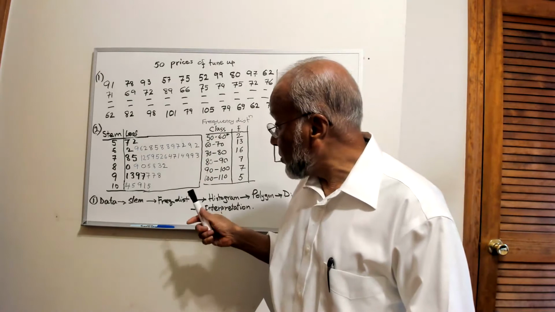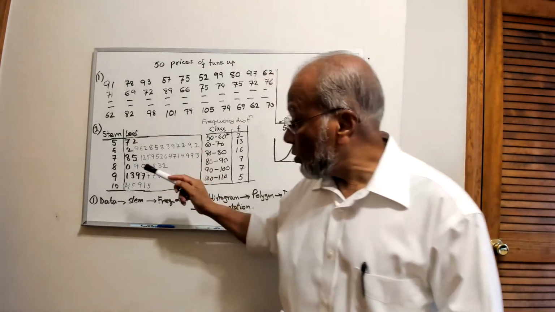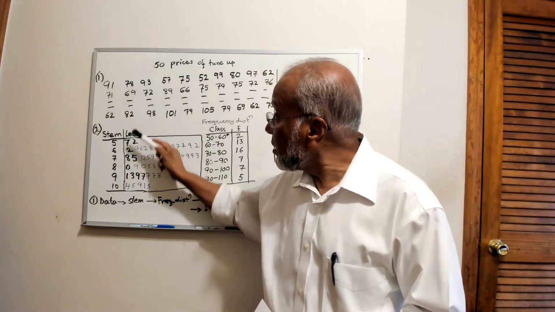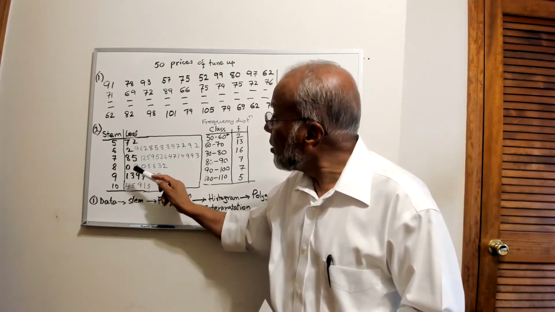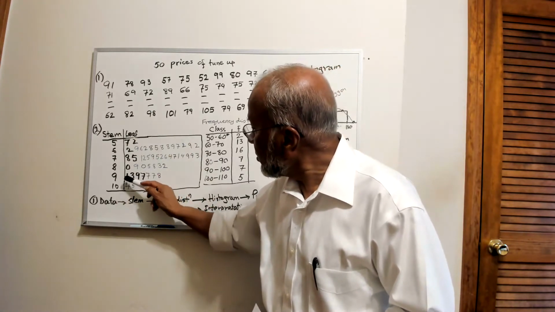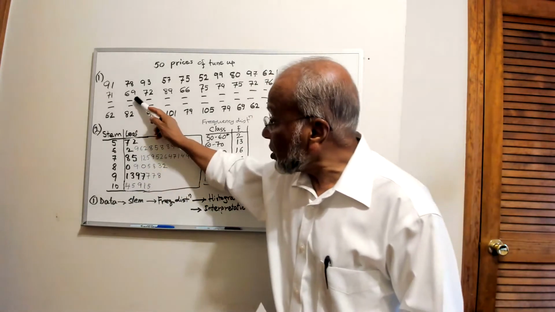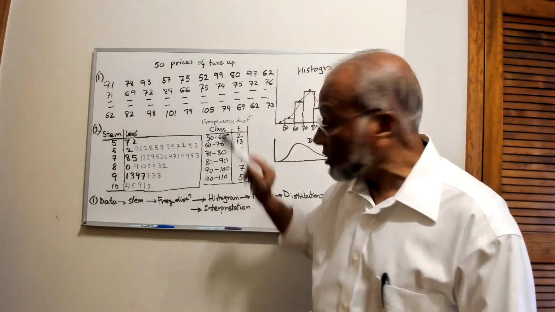Then you have a second row. I wrote it with a different kind of pen. Like this is 71, this one, 71. And then 69 and so on, until I completed the entire set.